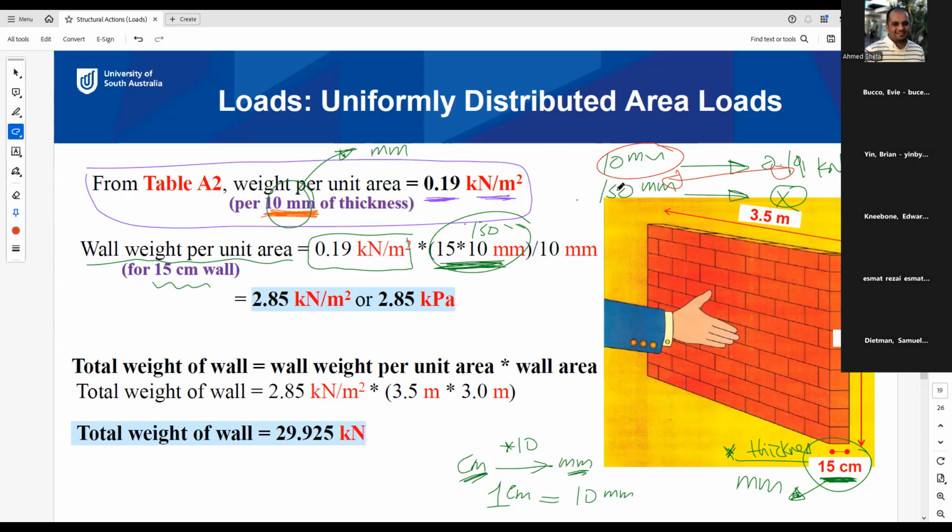So X will be 150 times 0.19 divided by 10. It is like the thickness of this wall is 15 times the given thickness in the standard, since 150 over 10 is 15. So the wall weight per unit area will be 2.85 kilonewton per square meter, or in other words, 2.85 kPa.